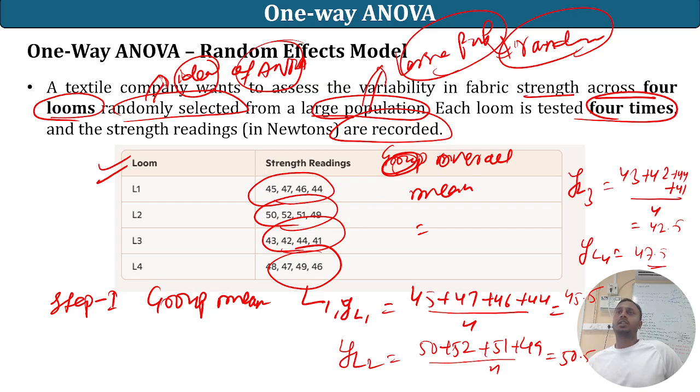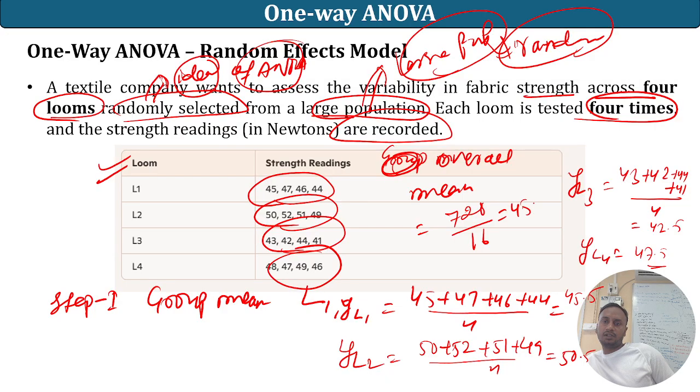The total will come to around 728 divided by 16.